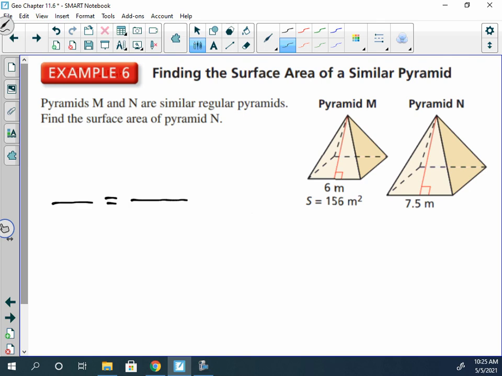Well, we can set up our proportion. The surface area of 1 over 156, the one we want to find, over the one we know. Now, this is equal to what?